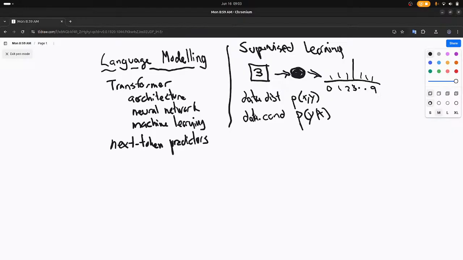So given an x, it could be a 28 by 28 matrix of zeros and ones. Give me a list of 10 positive numbers summing to 1.